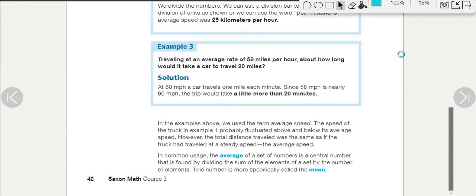Traveling at an average rate of 58 miles per hour, how long would it take a car to travel 20 miles? 58 miles per 1 hour. We don't know the time, but we know it goes for 20 miles.